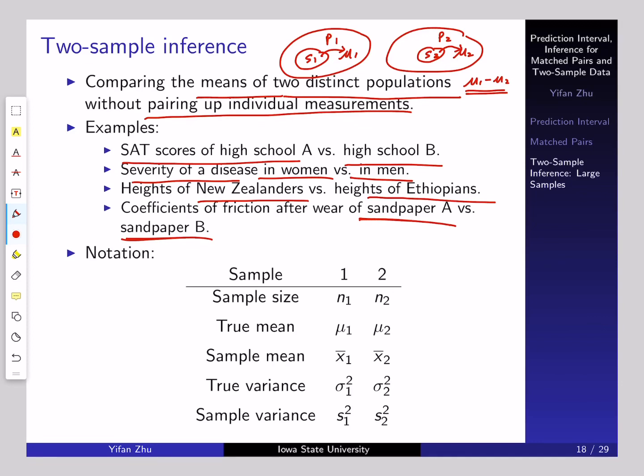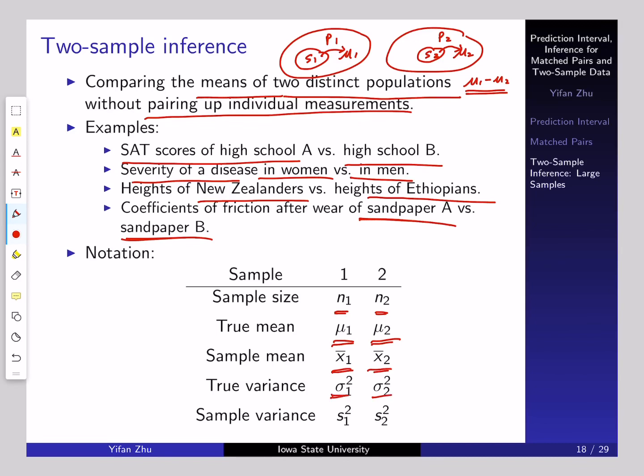Here is the notation for the two-sample inference. The sample sizes for each of them are n1 and n2. They are not necessarily the same. And the true means are mu1 and mu2, and we use x1 bar and x2 bar, the sample means, to estimate the true means.